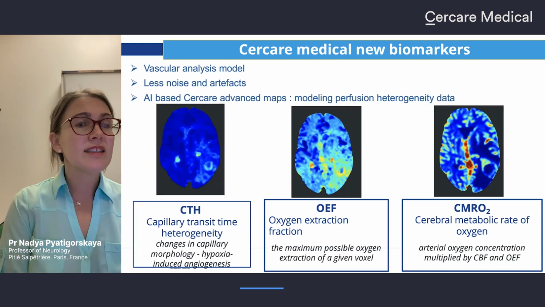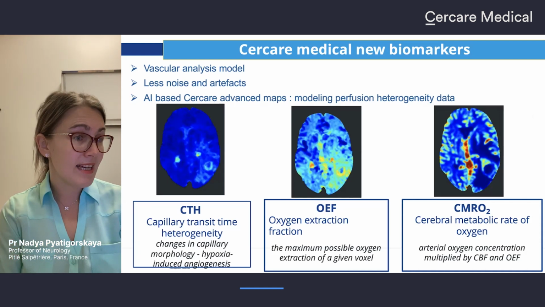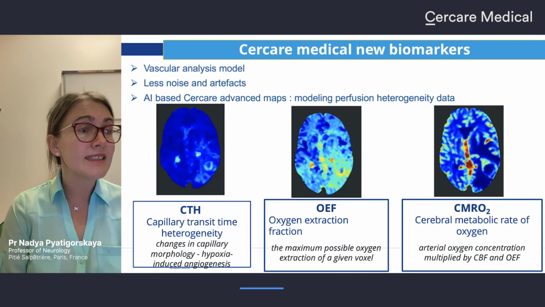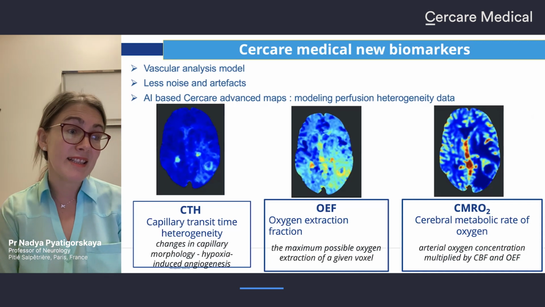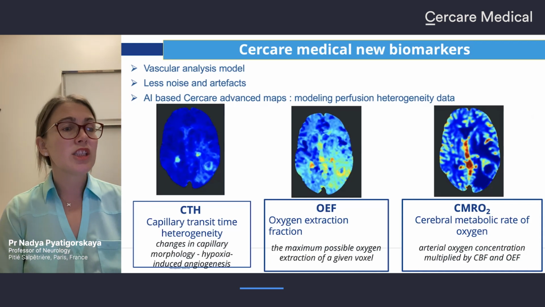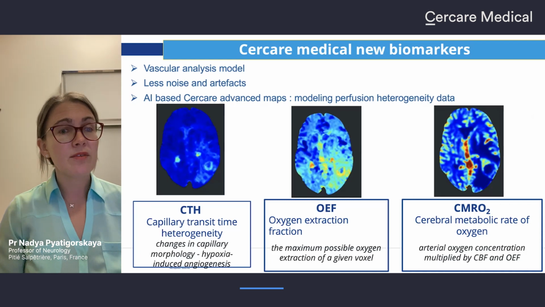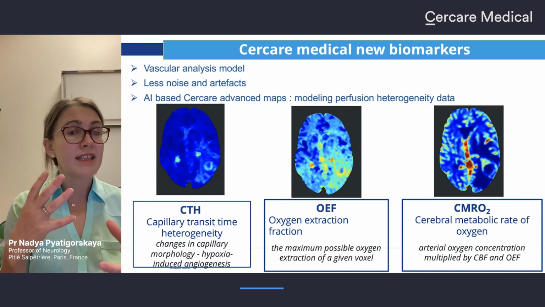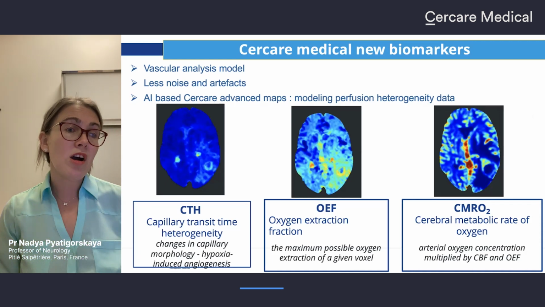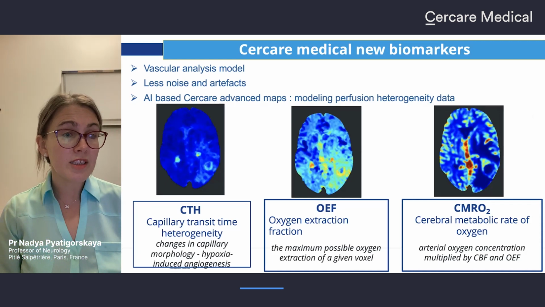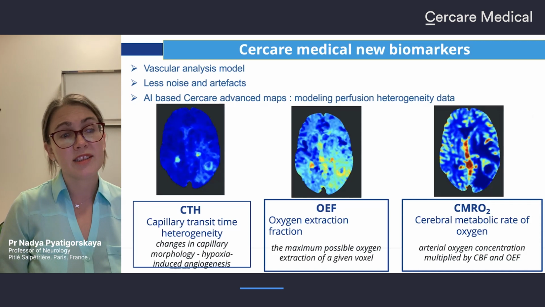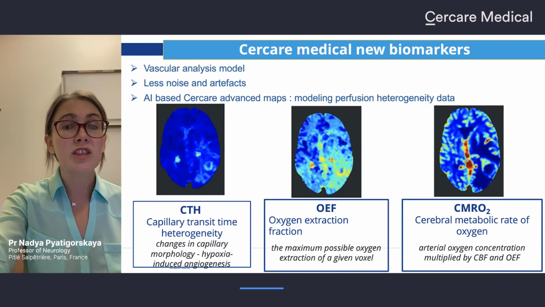And in this context, we will have the CTH, that is very interesting, that's capillary transit time heterogeneity, and it will show us the changes in capillary morphology that will be hypoxia-induced and will correspond to this heterogeneity angiogenesis. We have also the oxygen extraction fraction, that is the maximum possible oxygen extraction on given voxel.